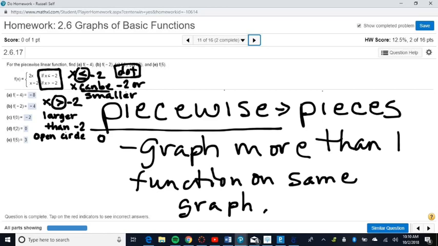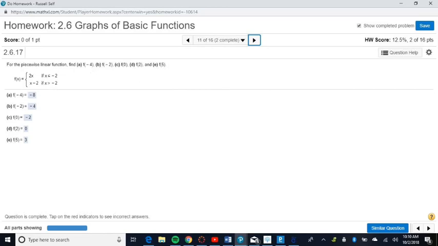Now, let me get rid of all this writing so that we can look at this actual problem and see how to work it. So, it says, for the piecewise linear function, find, and then they give you f of all these numbers. Now, we've done that before.